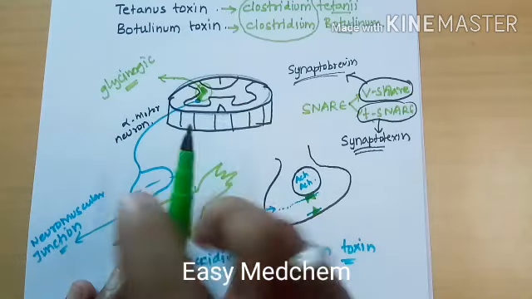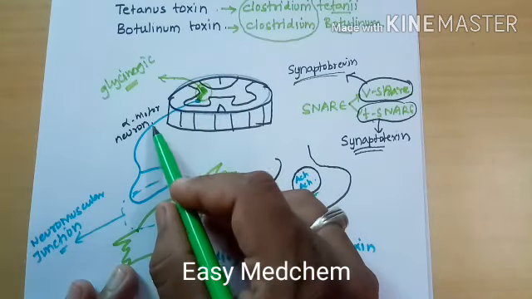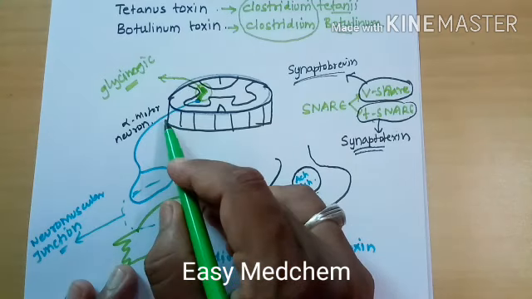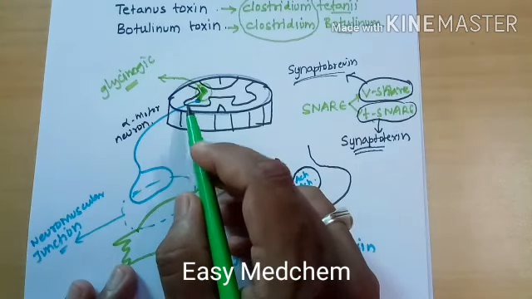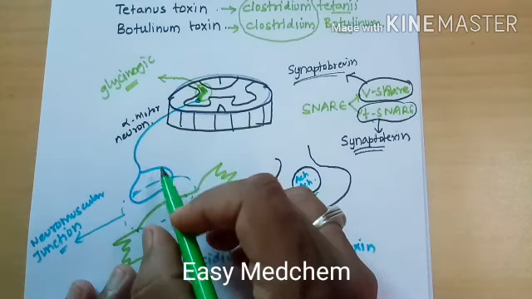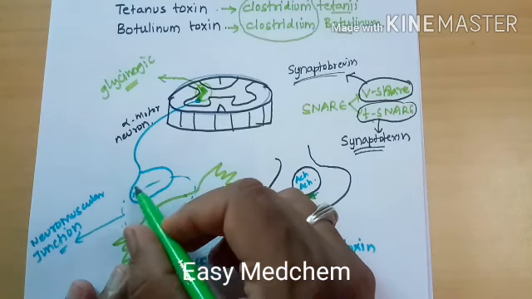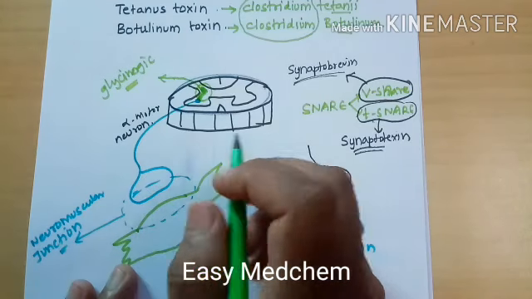If anyhow these neurons are excited, they will release the glycine on these alpha motor neurons, and the excitability of these alpha motor neurons is inhibited, and there is no action potential in the alpha motor neurons, and there will be no release of acetylcholine from the alpha motor neurons at the neuromuscular junction.